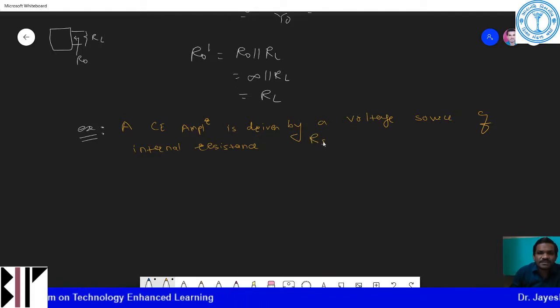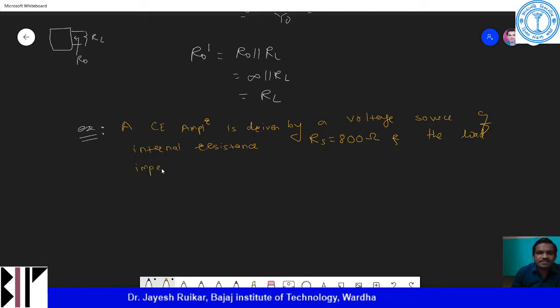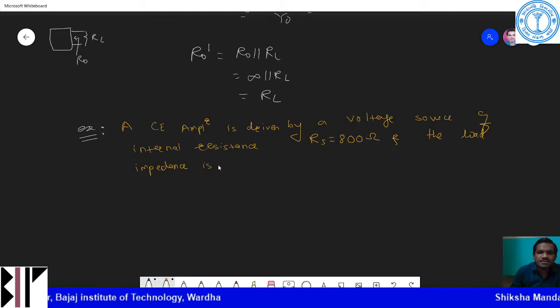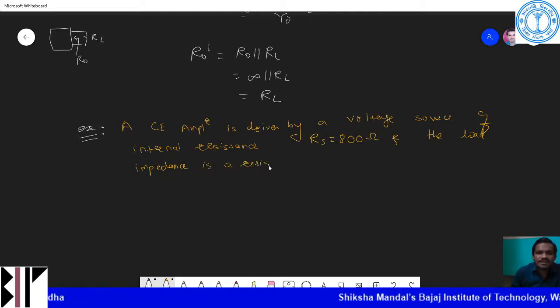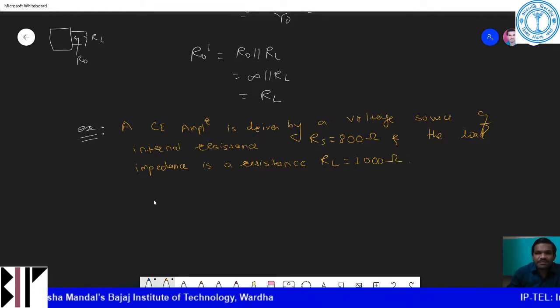RS is equal to 800 ohms, and the load impedance is a resistance RL equal to 100,000 ohm.